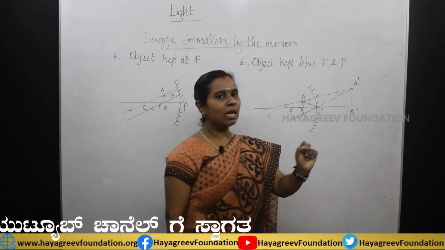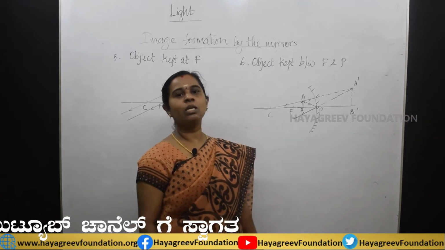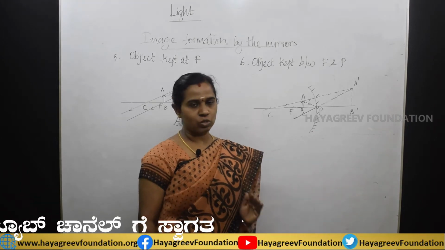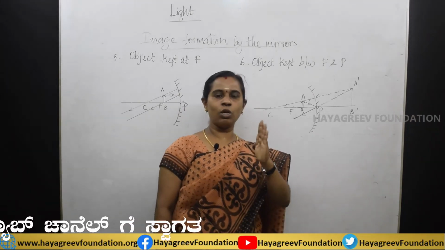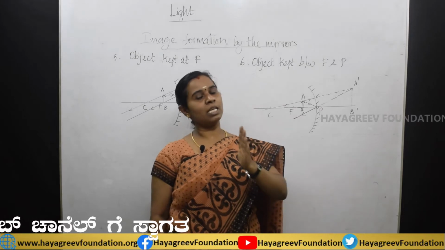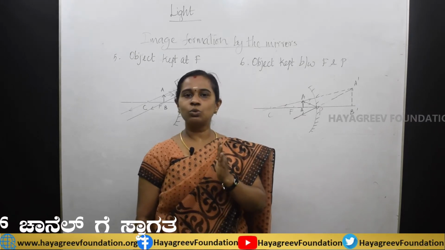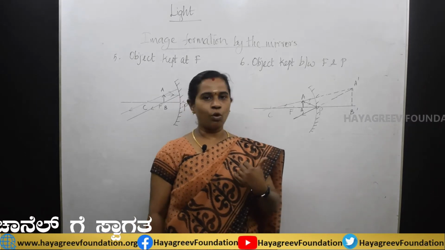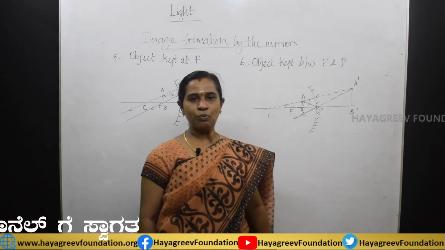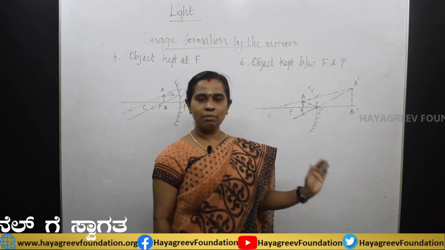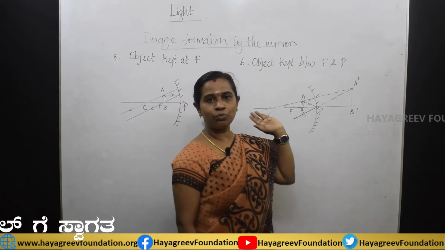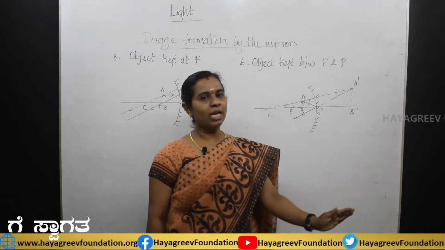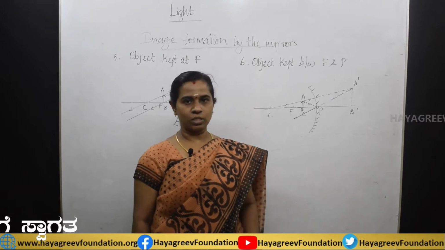We have to make it with dotted lines because that image is not real, it is virtual. The image is straight, just like the object we kept. For a straight image we have to use the word erect. If the object is kept between the principal focus and pole of the mirror, then the image is formed behind the concave mirror, and the image is virtual, erect and enlarged.